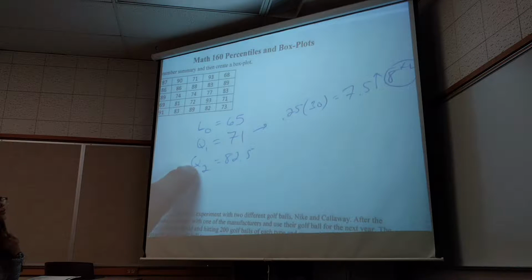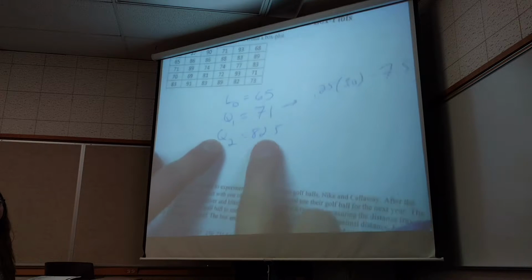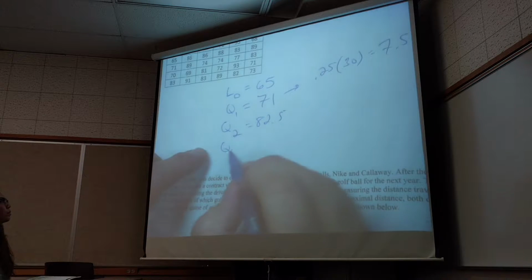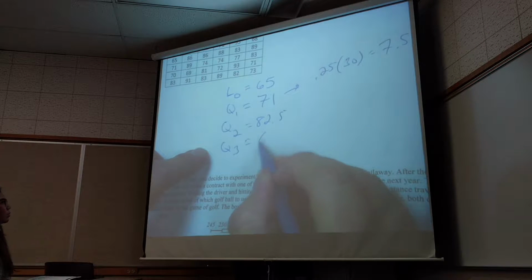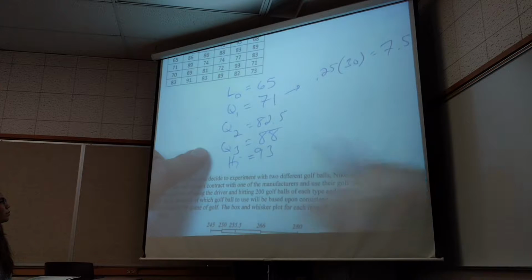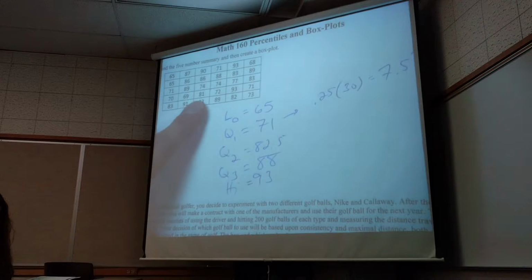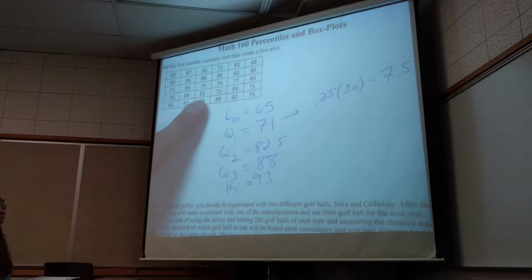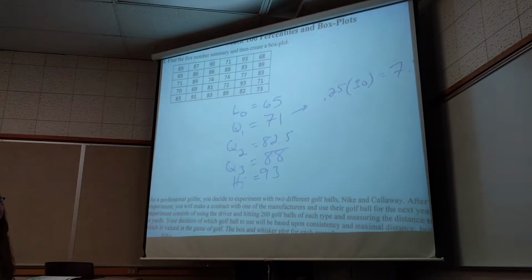Whenever you come up with a whole number, you take that one and average it with the next one. You got an 82.5. Q3, 88. And of course the high one, 93. So everybody, there are 4 different versions of the quiz. They had slightly different samples of the numbers, but those are actual quiz grades from quiz 1.